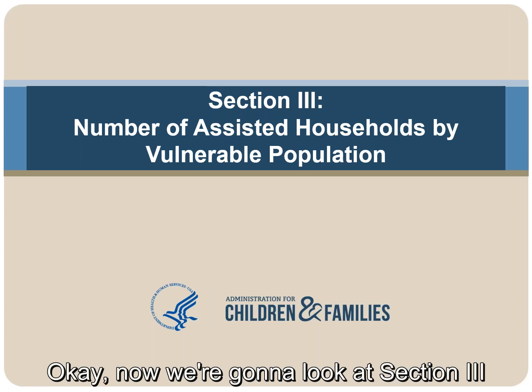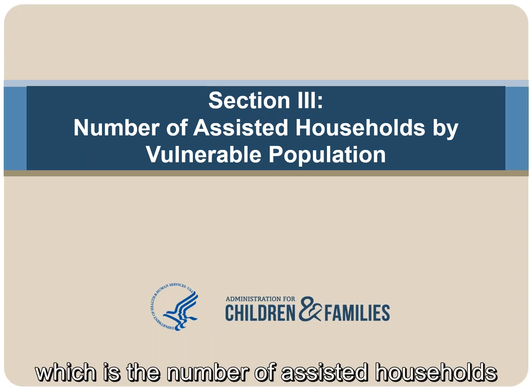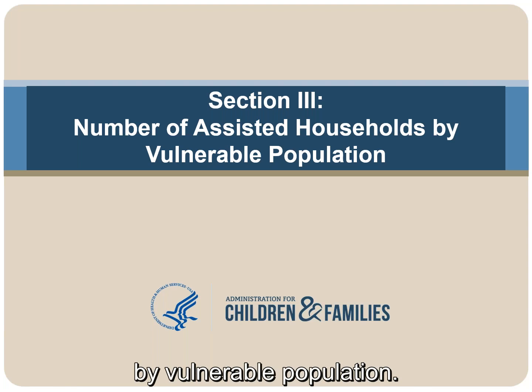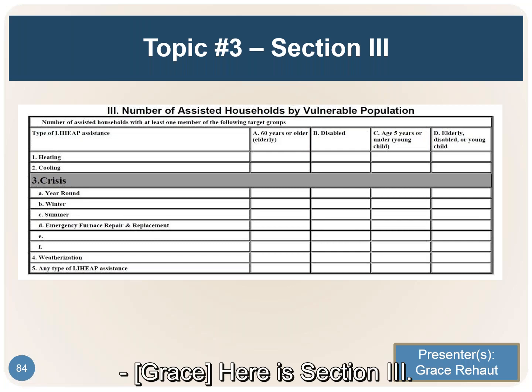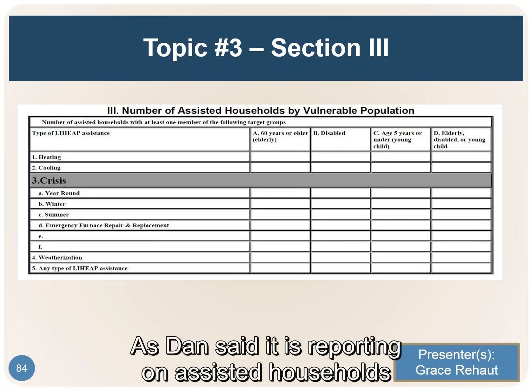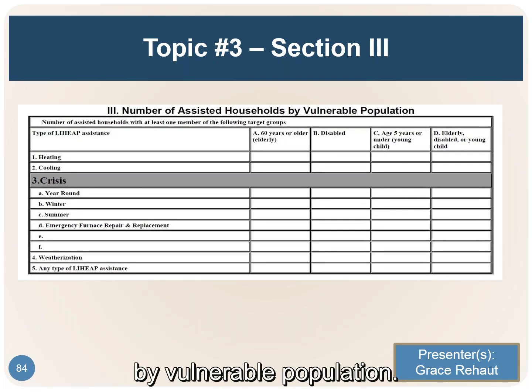Okay, now we're going to look at section 3, which is the number of assisted households by vulnerable population. So here is section 3. As Dan said, it is reporting on assisted households by vulnerable population.